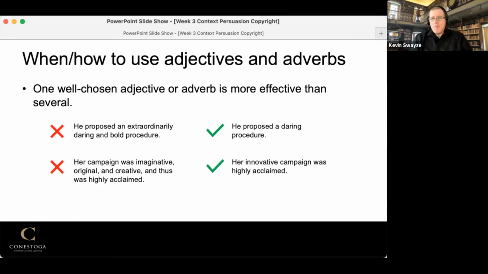Although, in a general sense, a really good rule to follow is don't use adjectives and adverbs. Because in my experience, if you have to put a word in front of the word you're choosing to make the word bigger or better, you picked the wrong word. There are enough words in the English language that they can usually stand on their own. If you can have one word that takes the place of two, that's your goal.